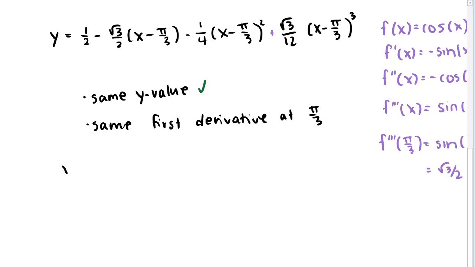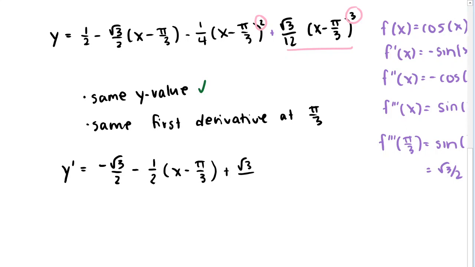So when we take the derivative of this function, we get y prime is equal to negative square root of 3 over 2 minus, here we would have to apply the power rule, bring down that factor of 2 to give us negative 1/2 times x minus pi over 3 times the derivative of the inside, but here the derivative of the inside is just 1. And if we apply the power rule to this part of our function, we bring down that factor of 3, giving us plus the square root of 3 over 4 times x minus pi over 3 squared.